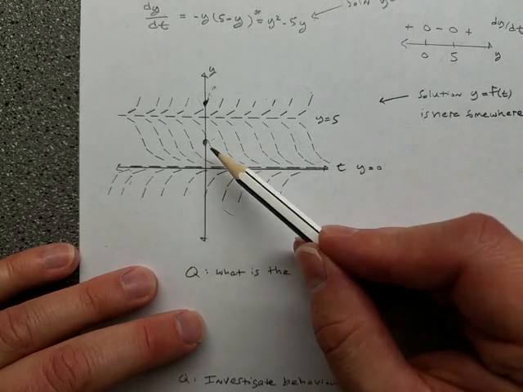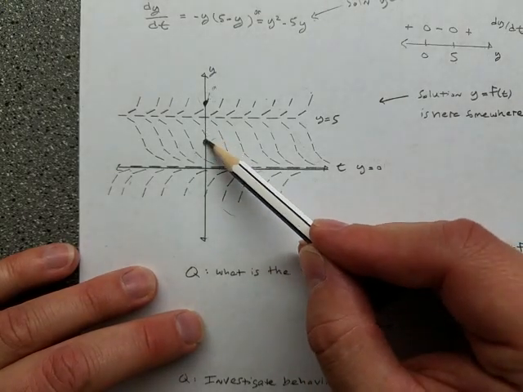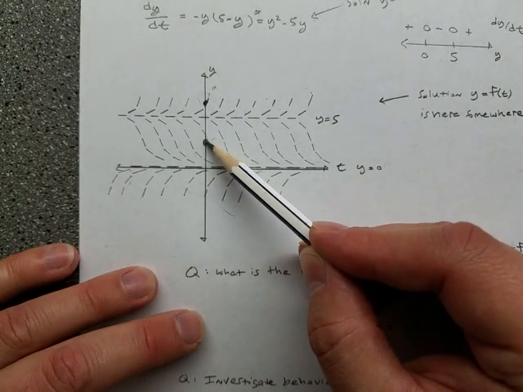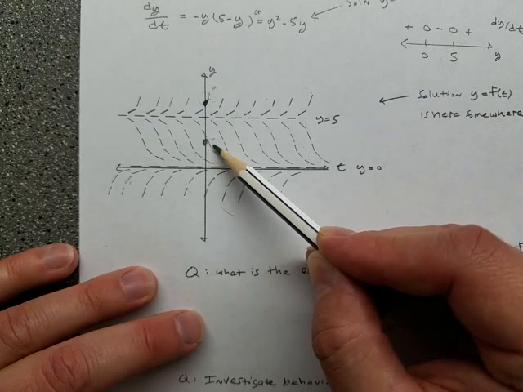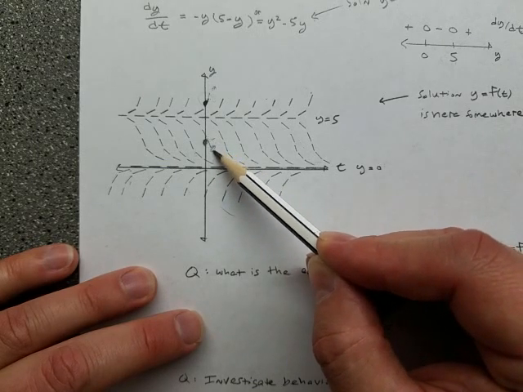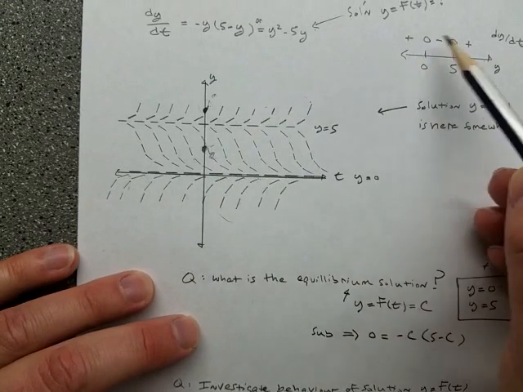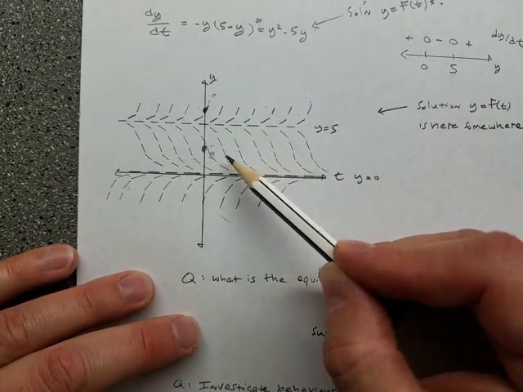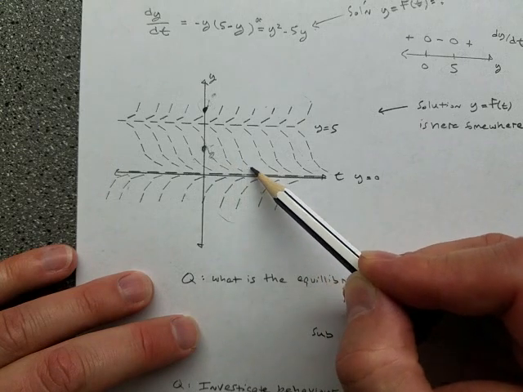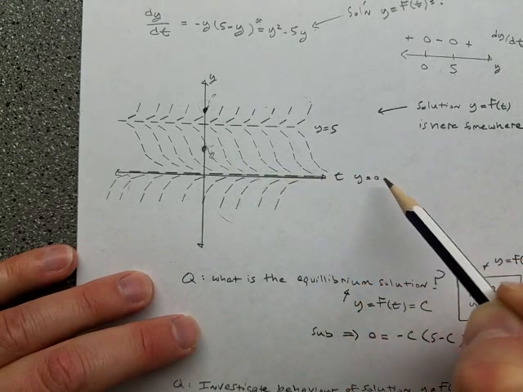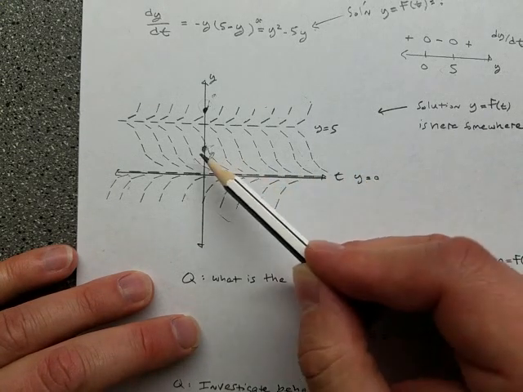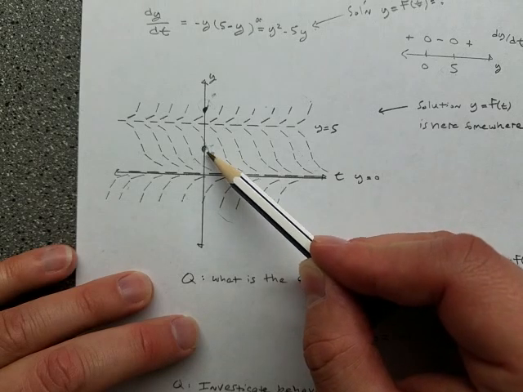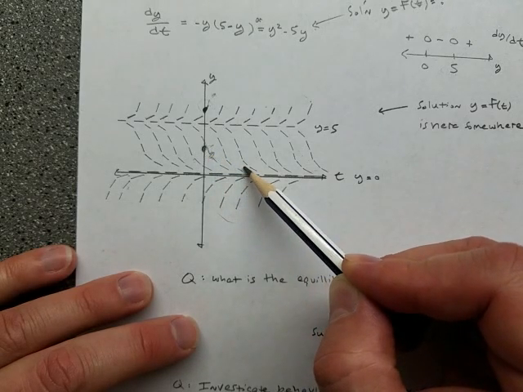You would be on some curve that had negative slope at that point. You'd go over and down by that slope. You'd find yourself at a different point on the curve. The slope would still be negative. You go over and down. So you're trapped, and it appears to level out asymptotically to there. So if you're here, y is going to get pushed to 0 as t goes to infinity.